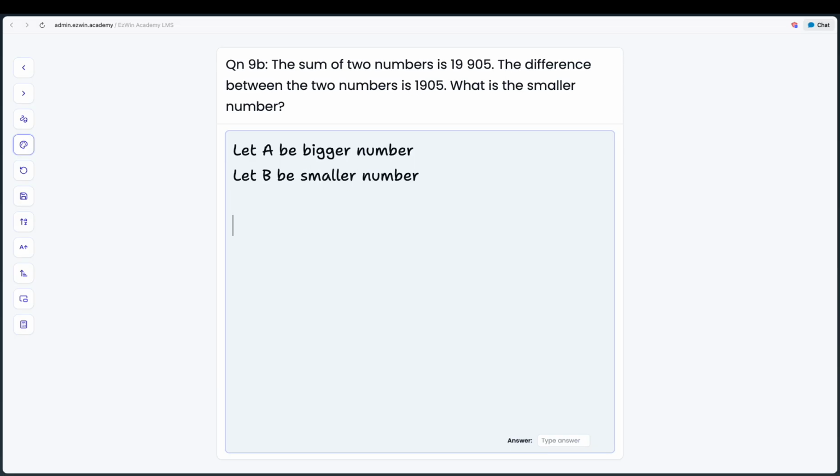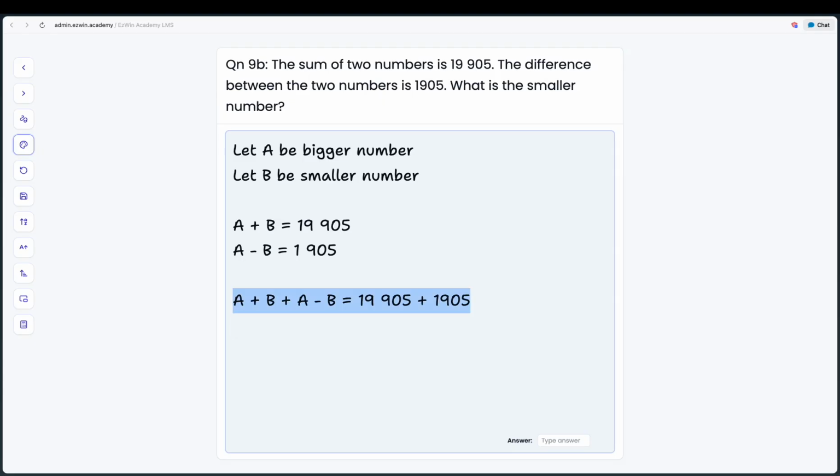Okay, so in this case, we know A plus B is equal to 19905, and then A minus B is equal to 1905. Okay, so if you have A plus B plus A minus B, which is basically this whole thing, and this is equal to 19905, and then plus 1905.